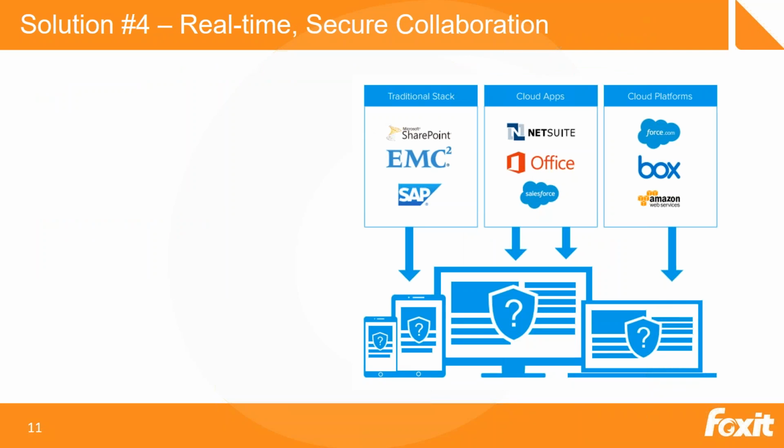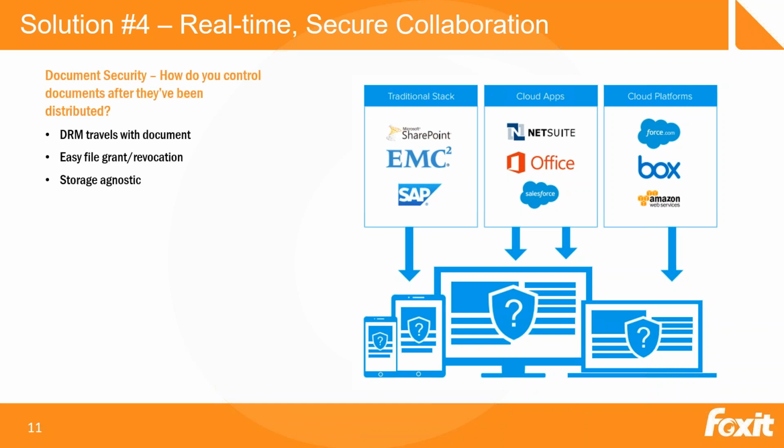The fourth solution area is around secure collaboration. So this is to protect your documents. So basically it's digital rights management, and it travels with the document. So there's a lot of solutions out there. You might use traditional stacks like SharePoint and EMC.